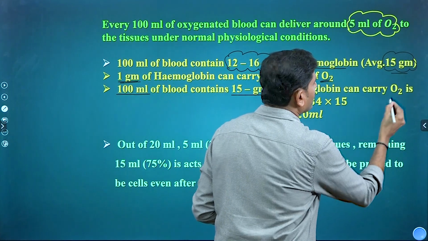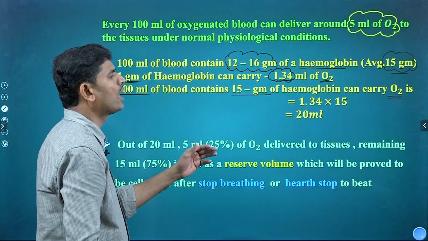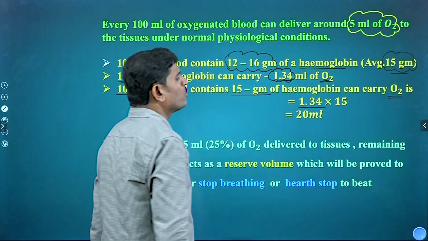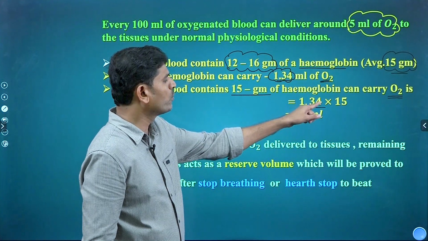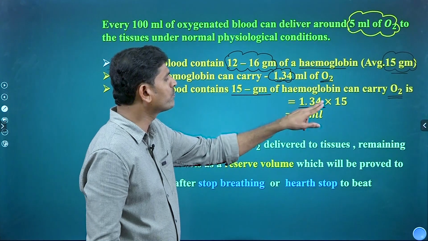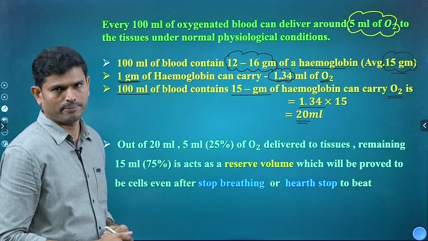What is the amount of oxygen these 15 grams can carry? 1 gram of hemoglobin carries 1.34 ml of oxygen, multiplied by the average 15, then it is equal to 20 ml.